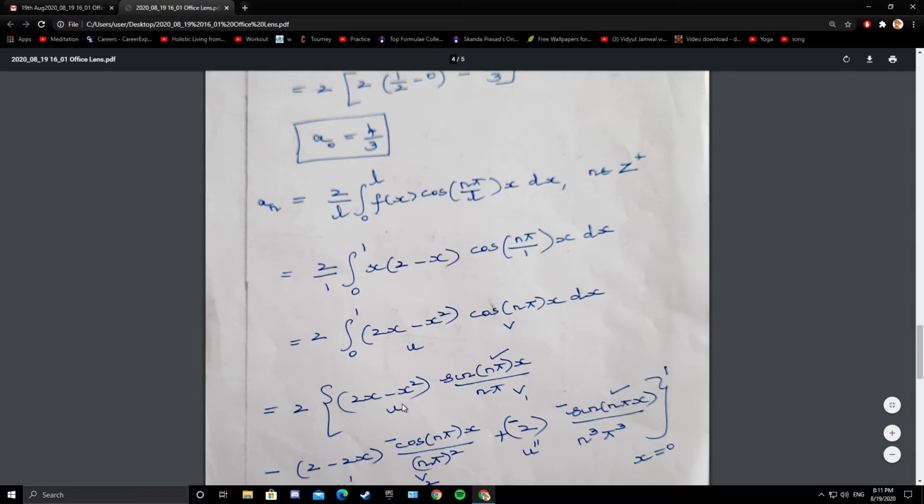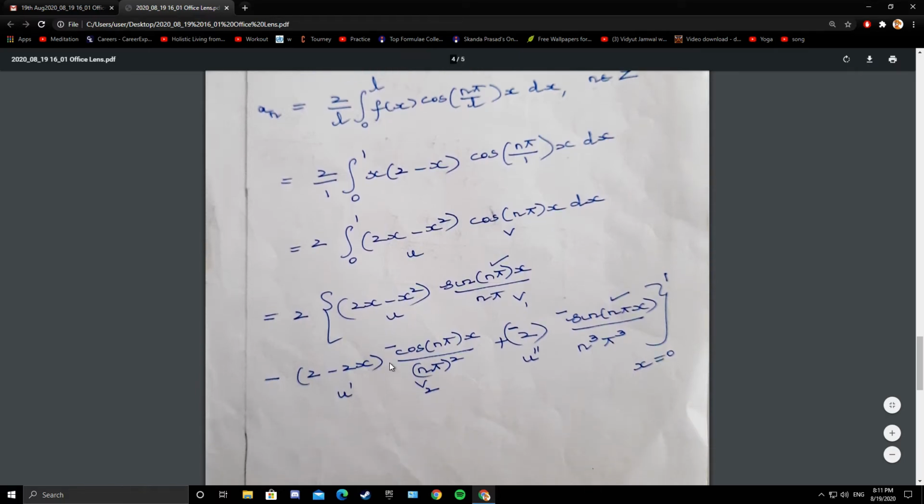So what is the first term? u v1: 2x minus x square into the integral of cos, that is sine of n pi x by n pi, minus u dash, 2 minus 2x, into the integral of sine, that is minus cos of n pi x by n pi the whole square, plus the derivative of 2 minus 2x, that is minus 2, into the integral of minus cos, that is minus sine of n pi x by n pi the whole cube.